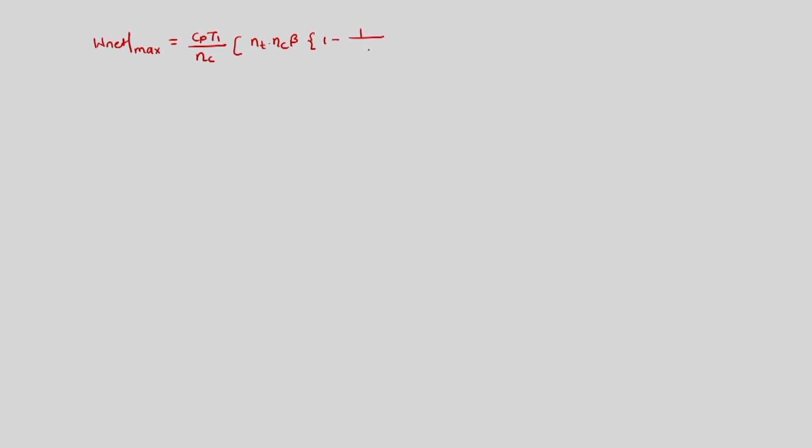So we will get W net max, which is equal to Cp T1 upon eta c into eta t eta c beta into 1 minus 1 upon, here it was Rp raised to gamma minus 1 upon gamma, so that would get replaced by square root of eta t eta c beta, this bracket complete, minus square root of eta t eta c beta minus 1.